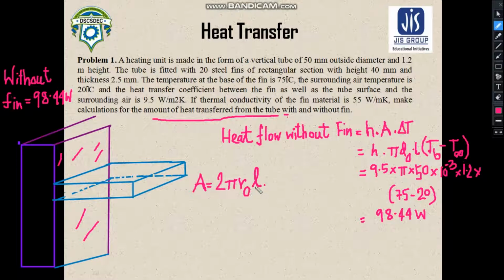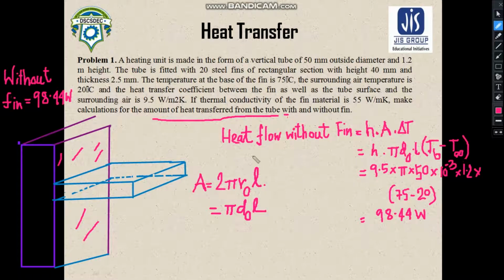So this is the simple area of the surface from which convective heat transfer is taking place if there was no fin present, and we find this to be 98.44 watts. So now we have found the heat flow without fin, and that has come as 98.44 watts.